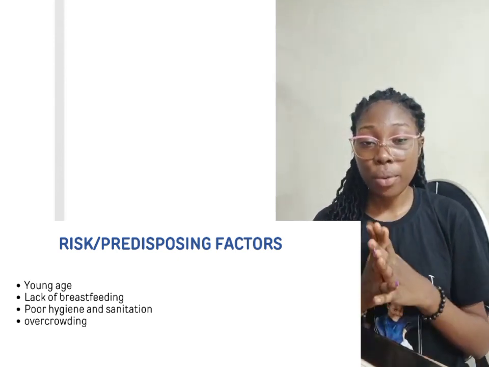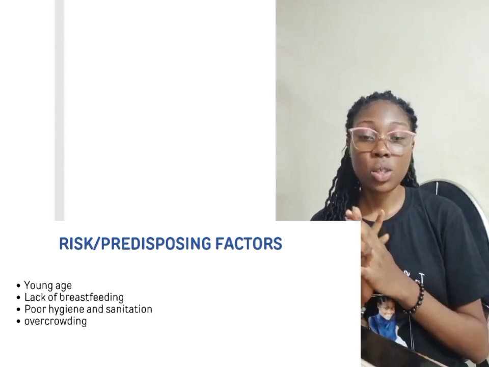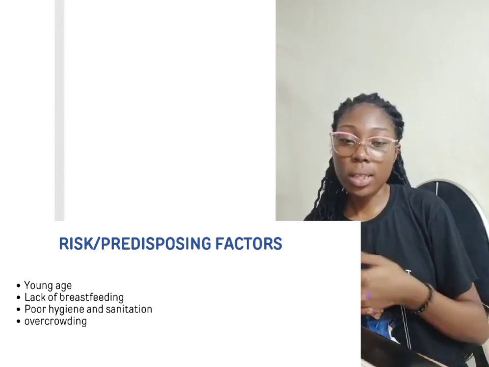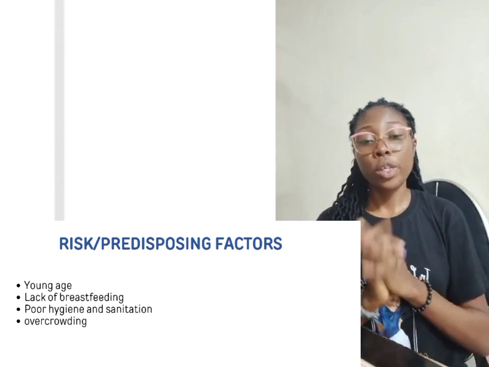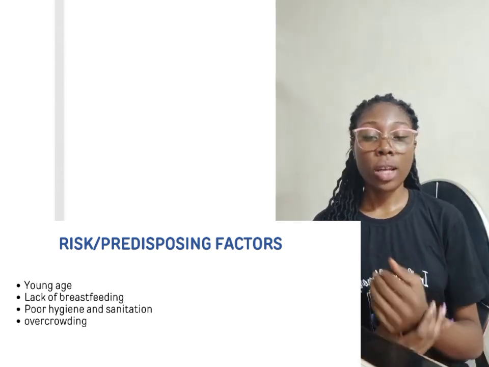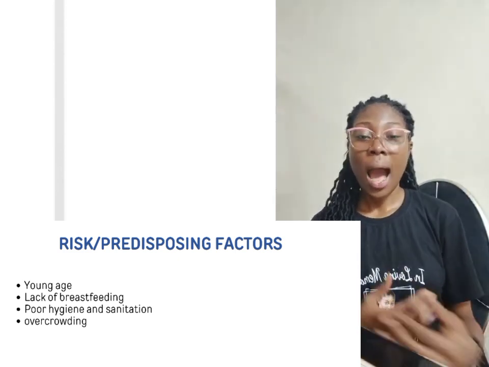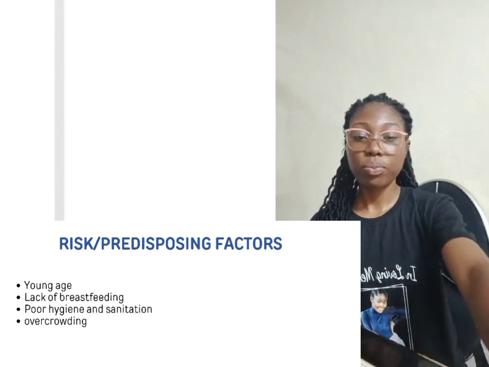Overcrowding in our area can cause us to have diarrhea. We also have age, as it is more prevalent in younger ones than in older ones. And we have loss of breastfeeding. Research has shown that children who are breastfed well or who undergo exclusive breastfeeding are less prone to have diarrhea than children who have not.